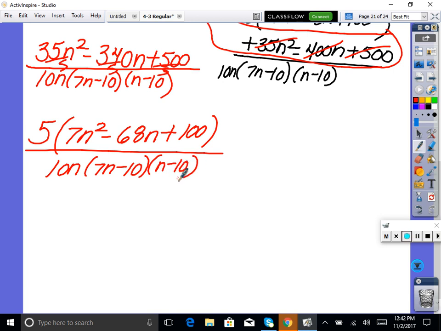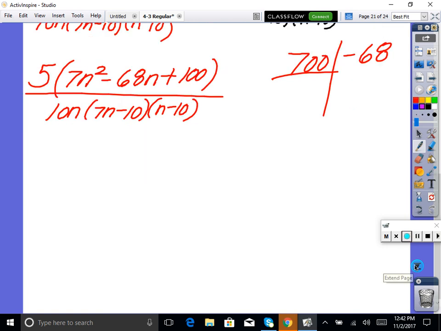Okay, now what multiplies to be 700 and adds up to be negative 68? Nothing. So we're done factoring. So now, can't I divide out the 5 and 10 though? Otherwise, there's no point to factoring if we're not going to simplify what we can, right?